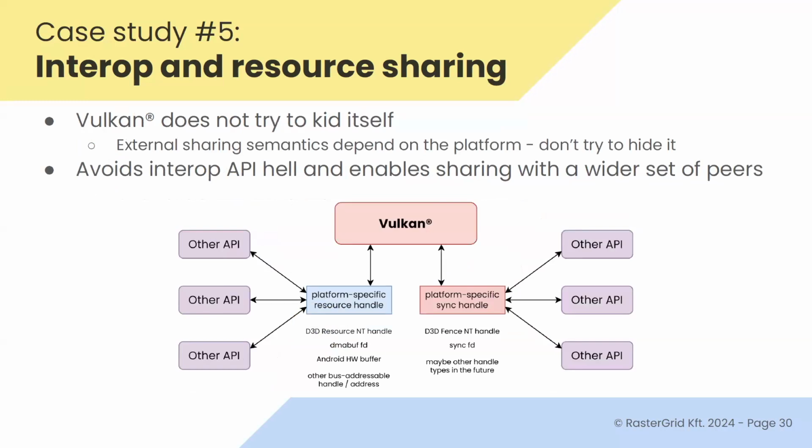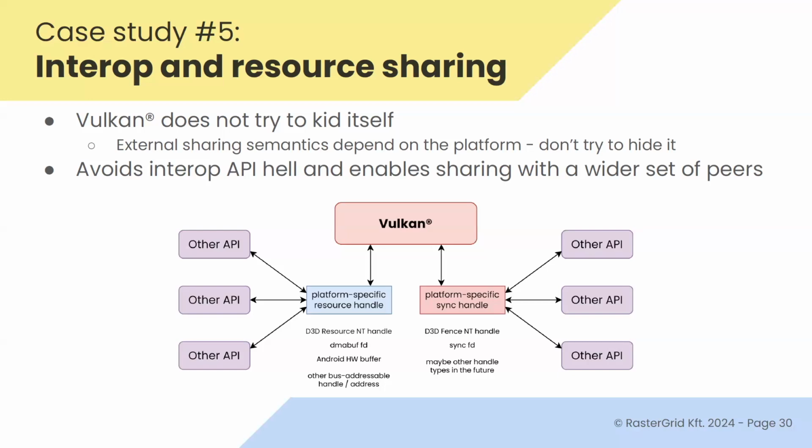Instead, Vulkan does not try to kid itself. The external sharing that Vulkan exposes simply exposes the underlying platform handles. When you have a buffer or a synchronization primitive, you can export those on Windows to a D3D resource or NT handle, on Linux to a DMA-BUF file descriptor, on Android to a hardware buffer, or other platforms may support bus addressable physical addresses or other sharing mechanisms.